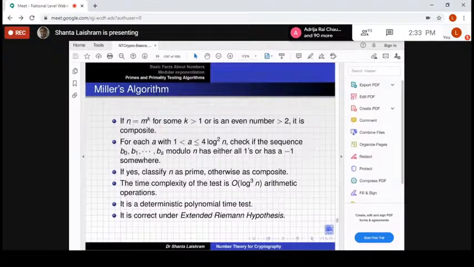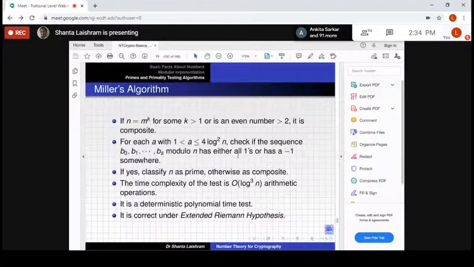So if n is m power k for some k, or n is an even number bigger than 2, then one can easily say that it's composite. For every other n, you take a number a lying between 1 and 4 times log square n. Then if either all of the numbers in the sequence are 1 or it has a -1, you classify n as a prime, otherwise it's composite.